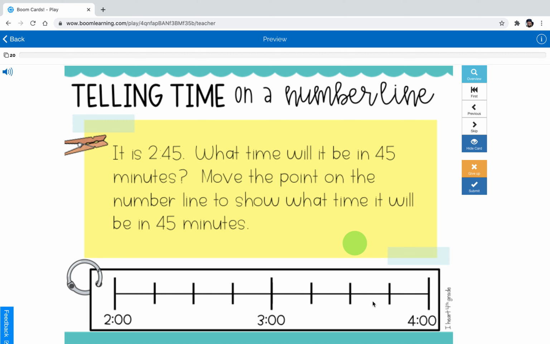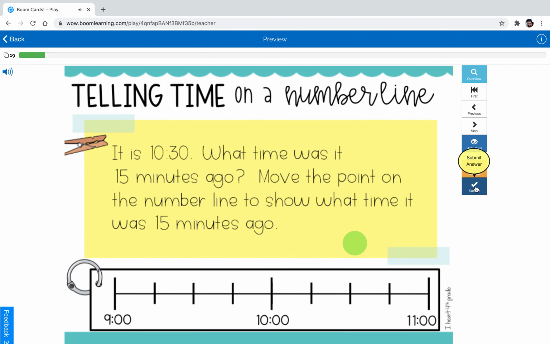So I'm going forward, right? Not backwards, because we need to figure out what time it will be in 45 minutes. So let's count by 15s until we get to that 45 minutes later, okay? So starting at 2:45, I'm going to go 15, 30, 45. Okay, so my dot's going to go here, right? What time is it now? If I was to skip count, it's 3:30. Let's see if I got it correct. I did.